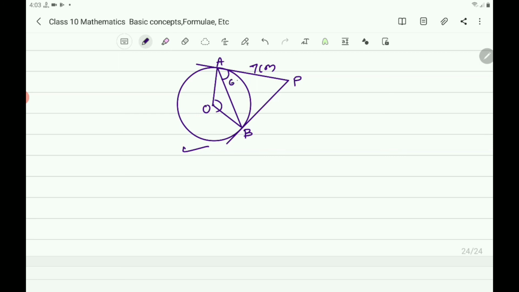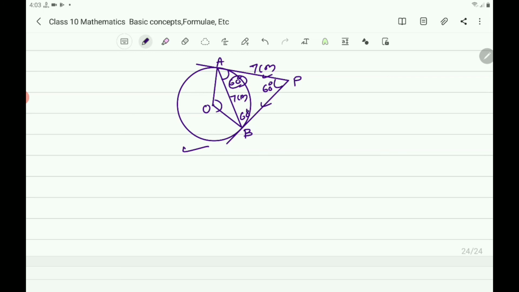So if they give 60 degrees, then they will ask the measurement of AB. In this situation, what you have to do? Here, this is 60 means this is also 60, because these two sides are equal, so the angles opposite to them are equal. Then what is the measurement of this angle? That is 60. So it is an equilateral triangle. So this is also 7 cm.